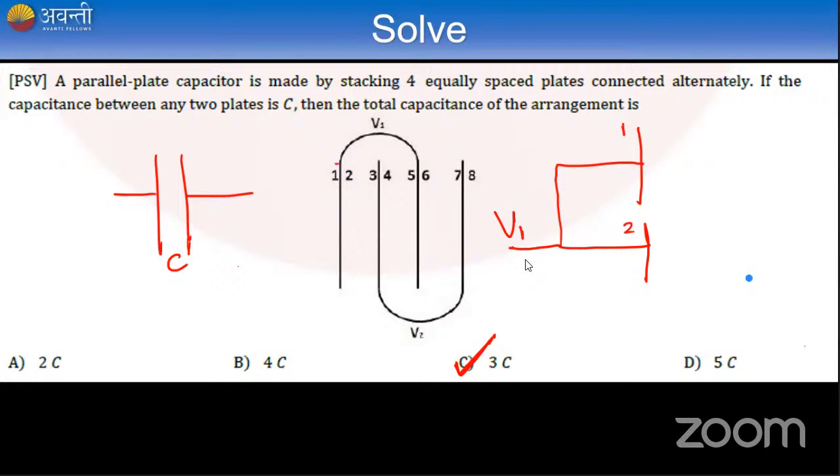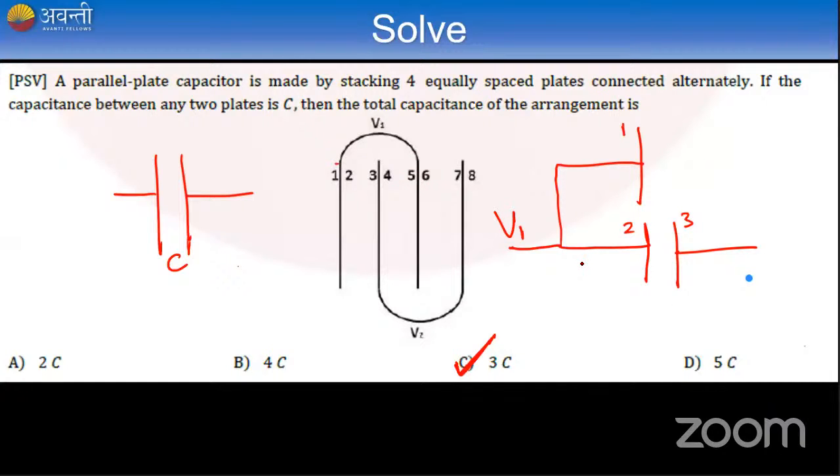Similarly, now plate 3 and 4. I'll consider plate 3 is adjacent to plate 2, and I have another plate, plate 4, here. This is connected to V2. Now, if you observe here, plate 5 is connected to V1.